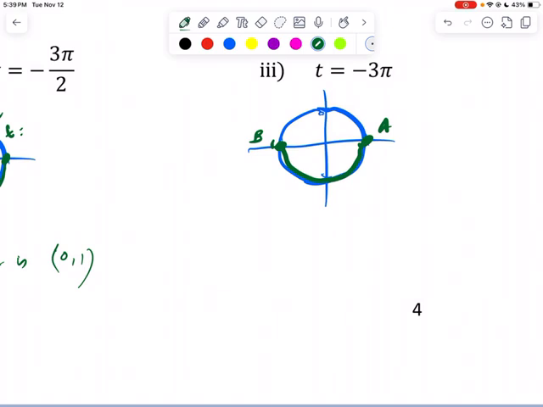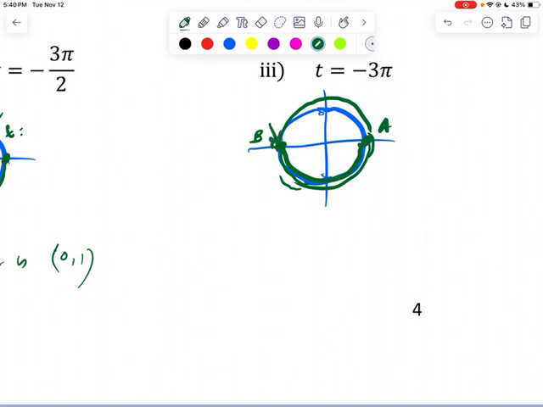Now I keep going from B to A. This will be 2 pi's. And then I go again. I am drawing this line a little bit away from the circle just to show you the motion. But it should be on the circle. It shouldn't be greater than the circle. So this way, again, we reach B.